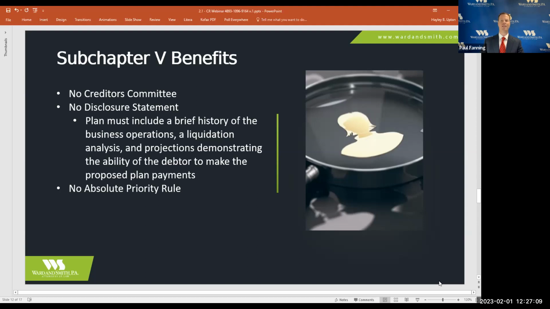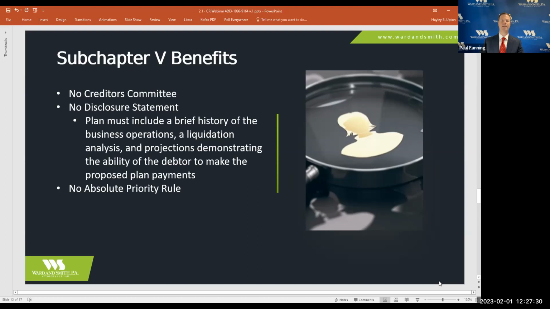As long as they can do that and they prove to the court that it's fair and equitable and it doesn't discriminate, then they can cram a plan down. They don't have to have an affirmative vote. Everybody can vote against the plan and it still gets confirmed.